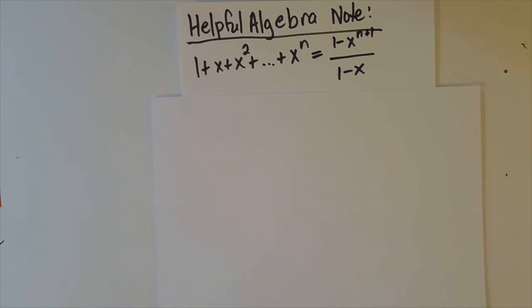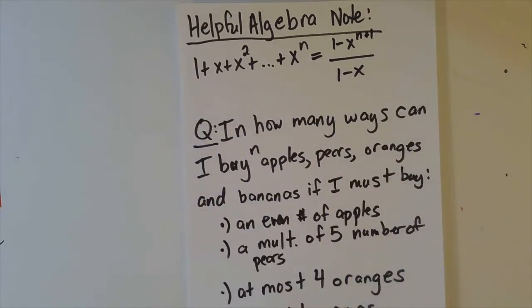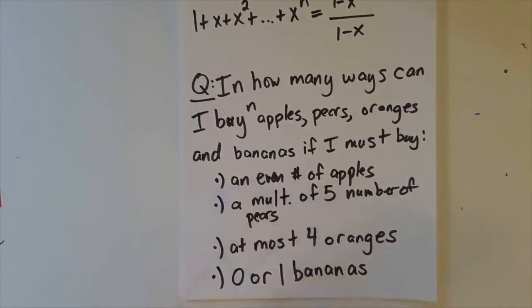But before we go on to talking about partitions, which is what I promised I would do in this video, and we're not going to, I wanted to give you a chance to try one of these exercises yourself. Okay. So I'm going to give you a very, very natural looking exercise. We're going to buy n pieces of fruit. The fruits I can buy are apples, pears, oranges, and bananas.